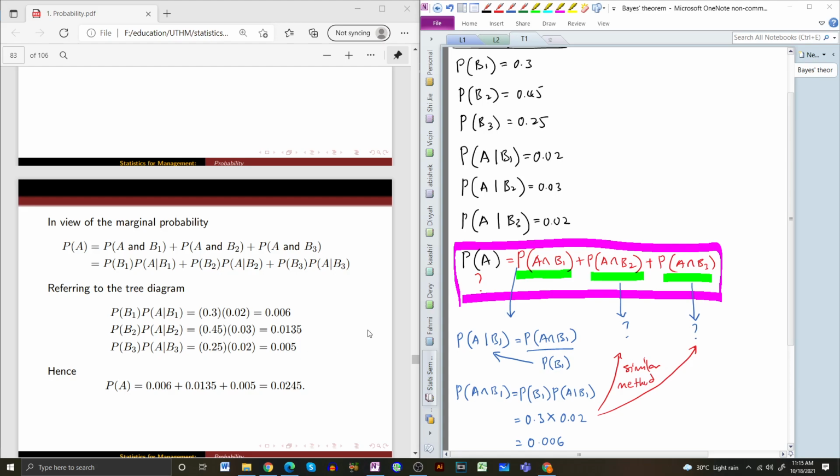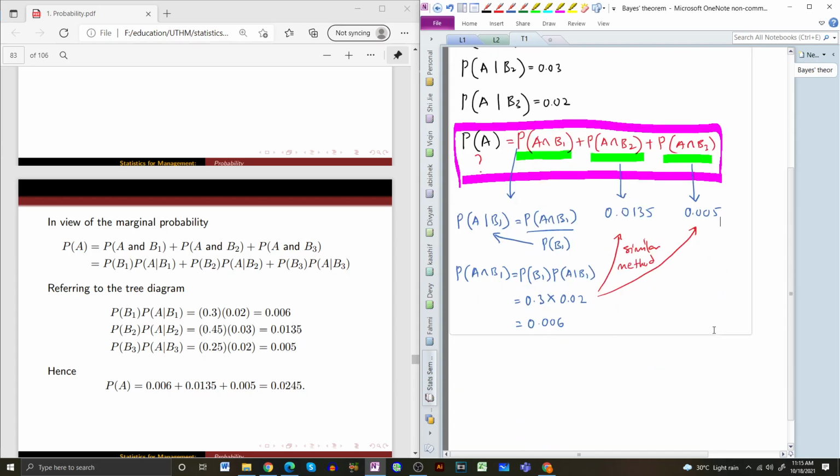If you want to find the other two, you will get 0.0135, 0.005.